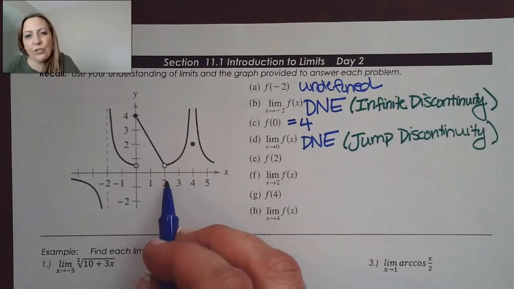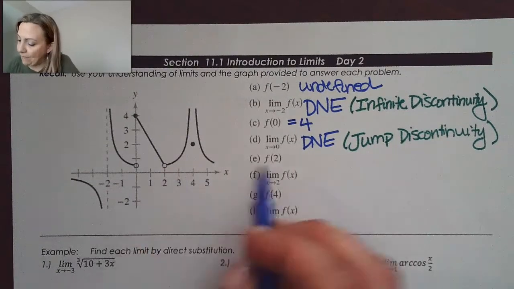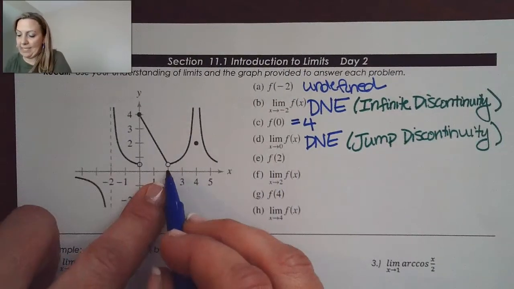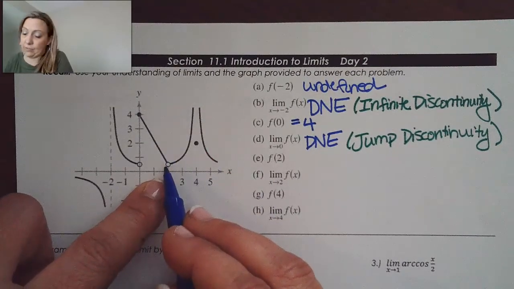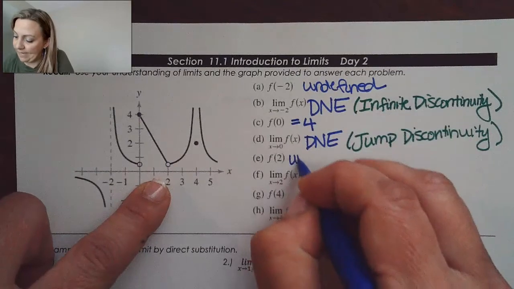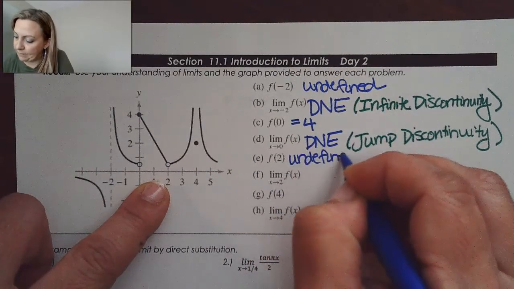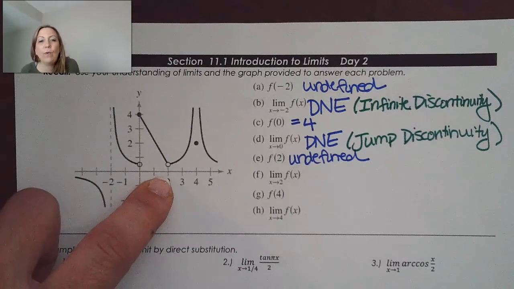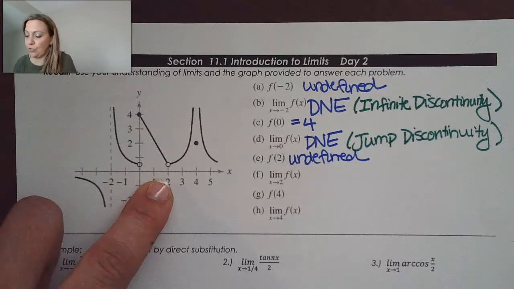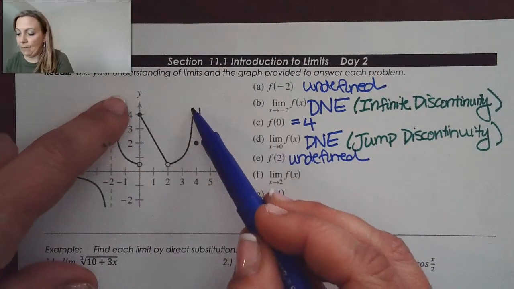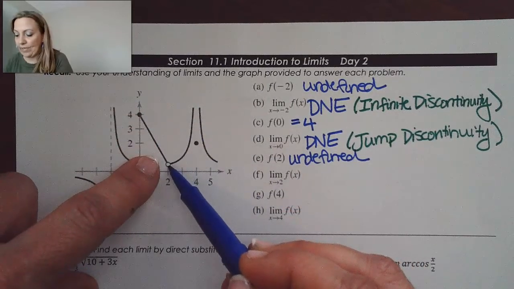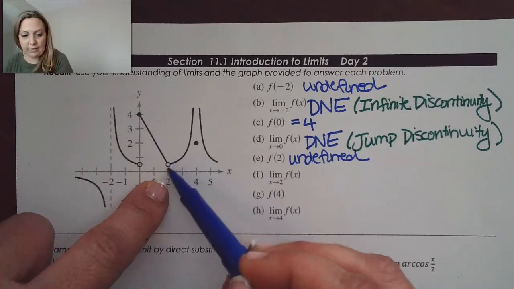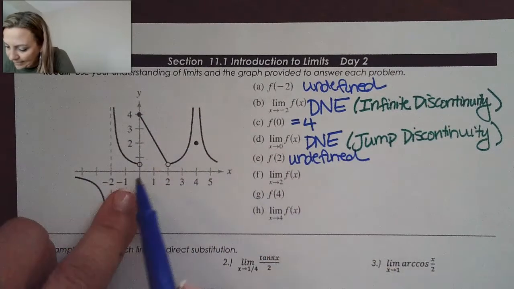What about f of 2? F of 2, we see has an open circle. There's no closed circle, so f of 2 is undefined. What about the limit as x approaches 2? From both the left and the right side, it's going towards that open circle. That open circle looks like it's at 1/2.